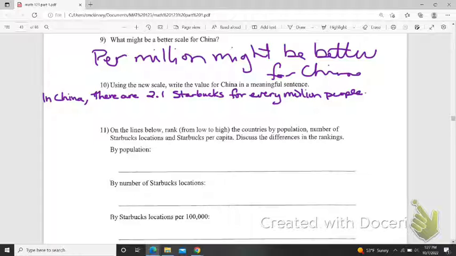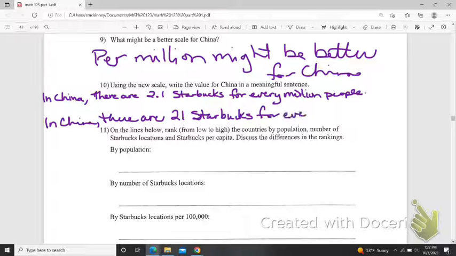I could have also done per 10 million and said in China there are 21 Starbucks for every 10 million people.